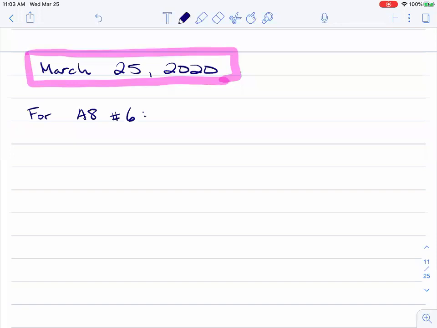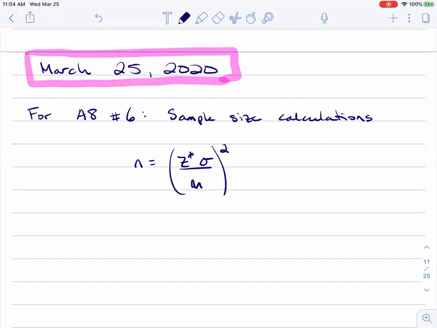Number 6 is a sample size calculation. Which means you're going to use n is z star, so whatever confidence level you want, times sigma over the margin of error, squared.